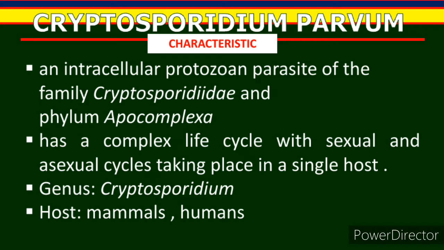Cryptosporidium has a complex life cycle involving both sexual replication, or meiosis, and asexual replication, which is mitosis, but a monoxenous cycle. This intestinal parasite can infect humans and animals and usually hosts in mammals and humans.